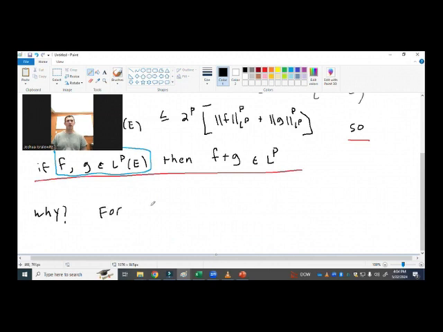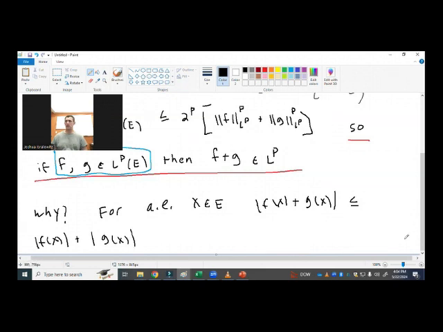So for almost every x in E, we have the following. Just by the triangle inequality, this is less than or equal to the absolute value of f of x plus the absolute value of g of x.